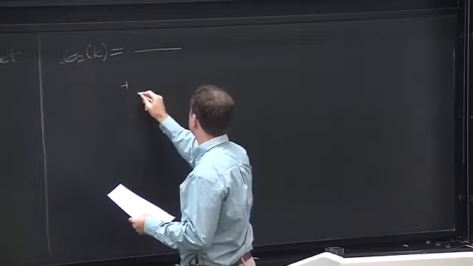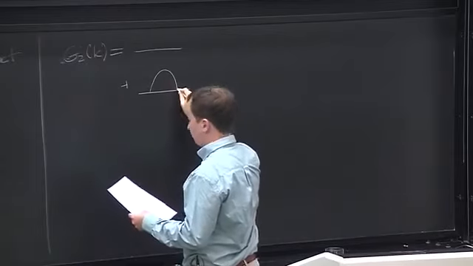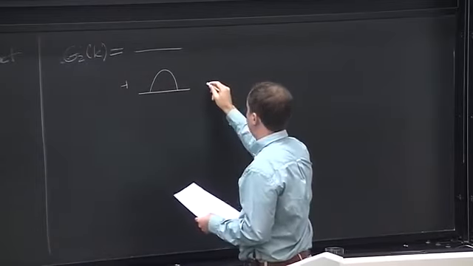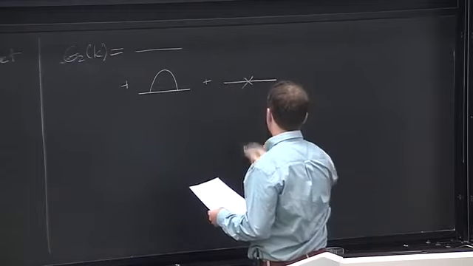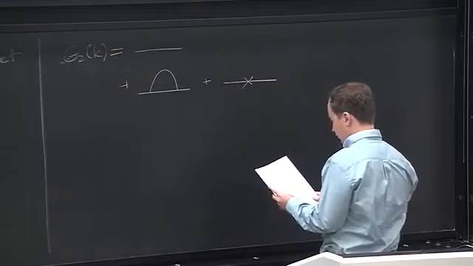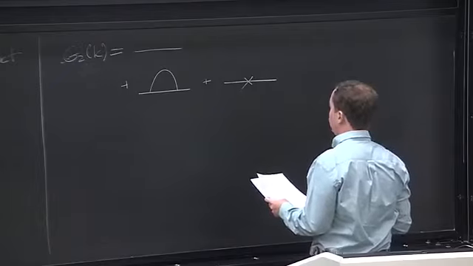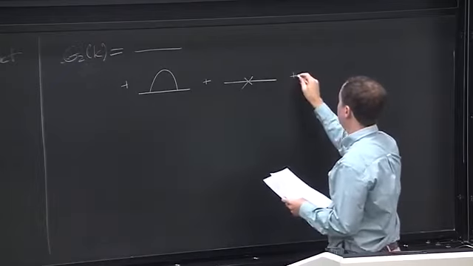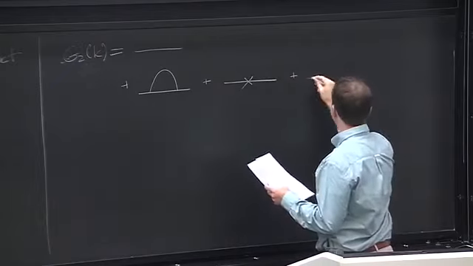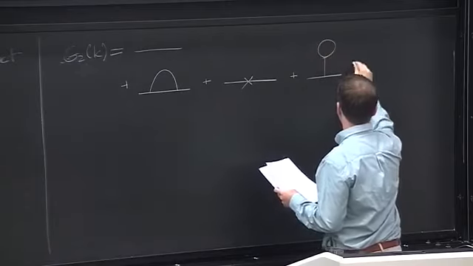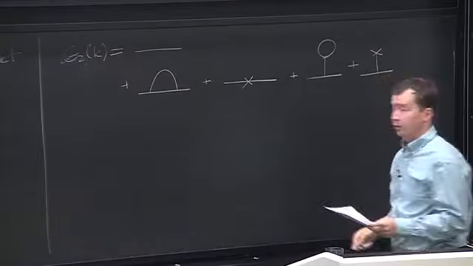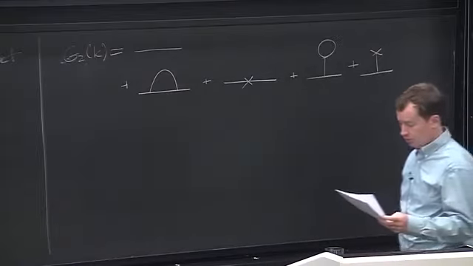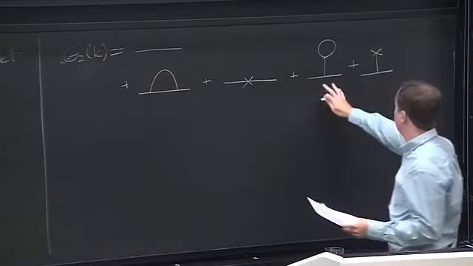We also can have corrections, various types. So a diagram like this, a diagram like this. Other diagrams contribute at order g squared to be something like this.